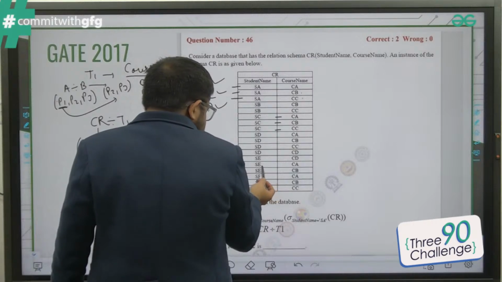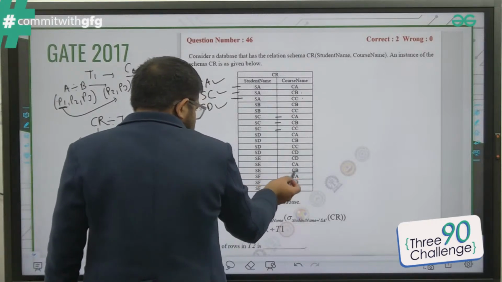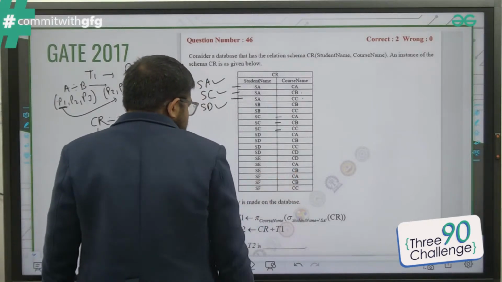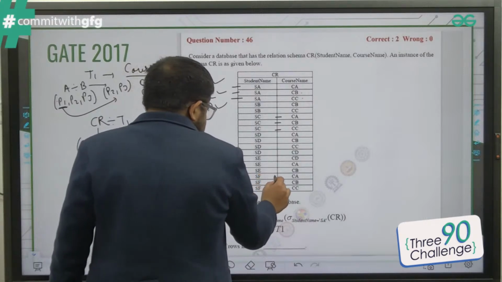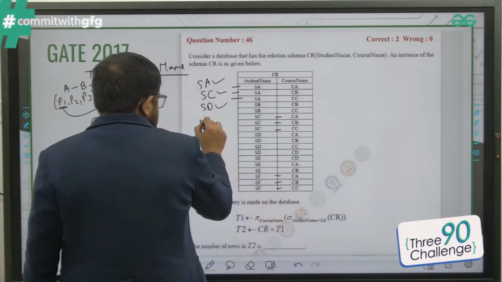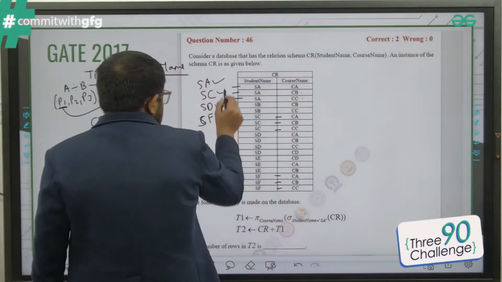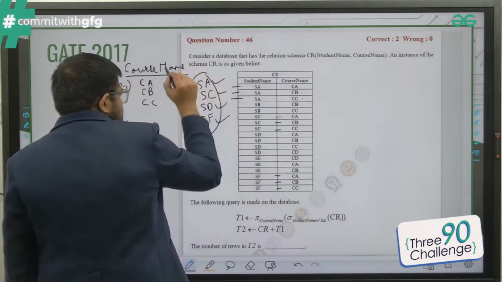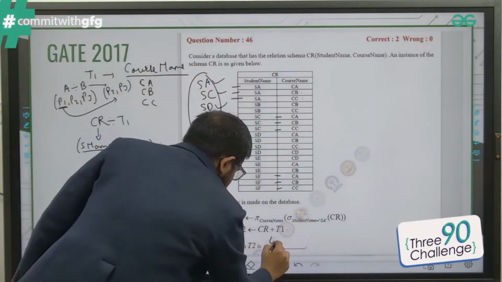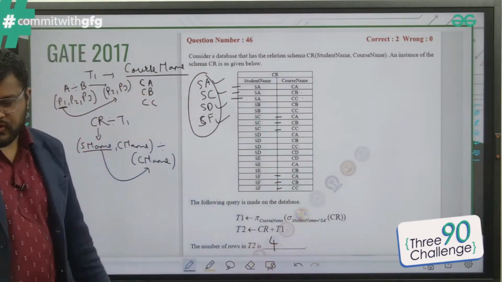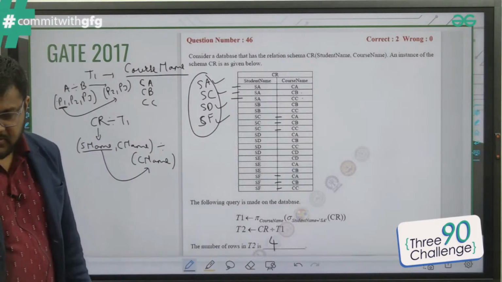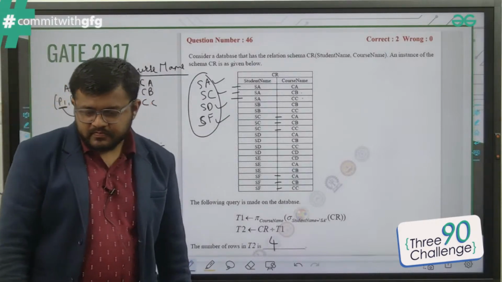Student E is associated with CA, CB but not CC, so he will not be taken. And student F is associated with CA, CB and CC, so student F will also be taken. So 4 student values will be returned, and hence the number of tuples, number of rows, will be 4. Yes, great, Pawan. Is this clear?